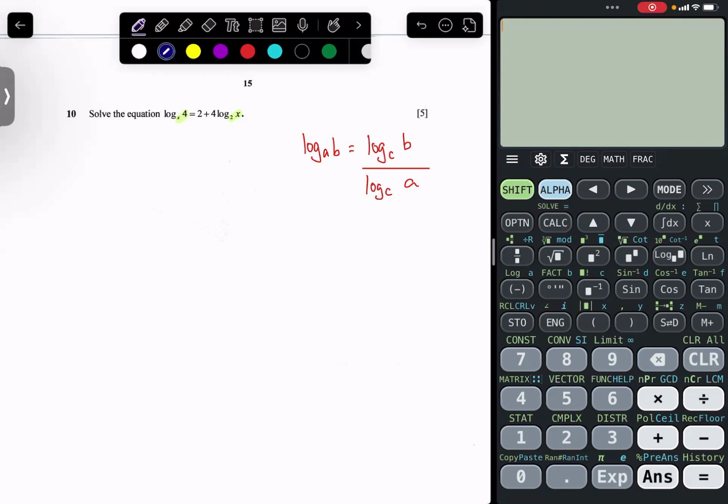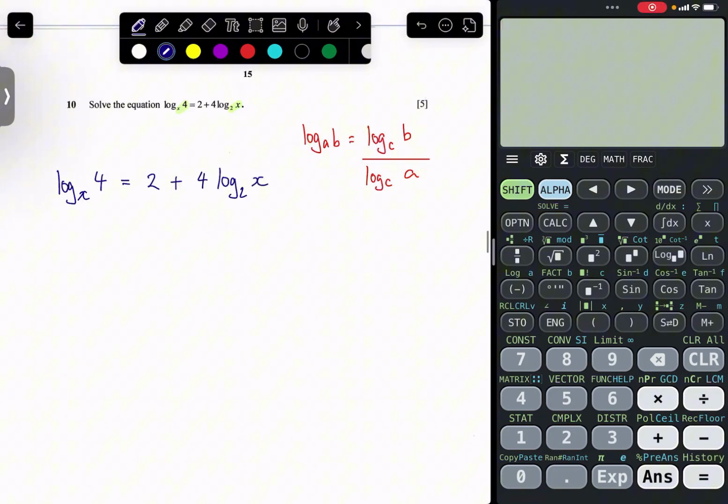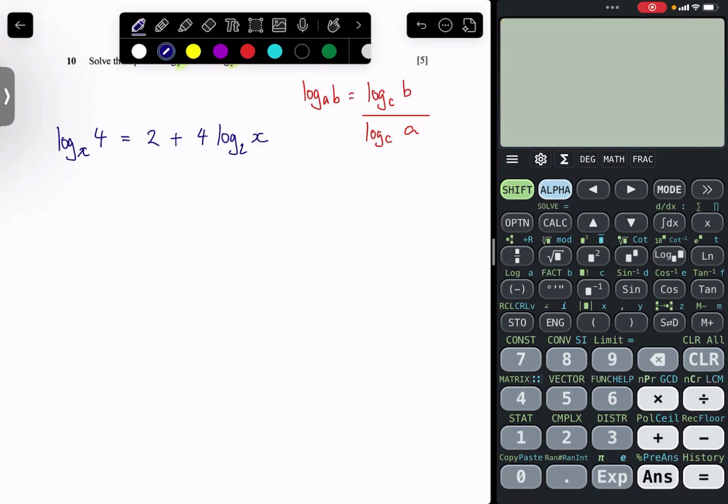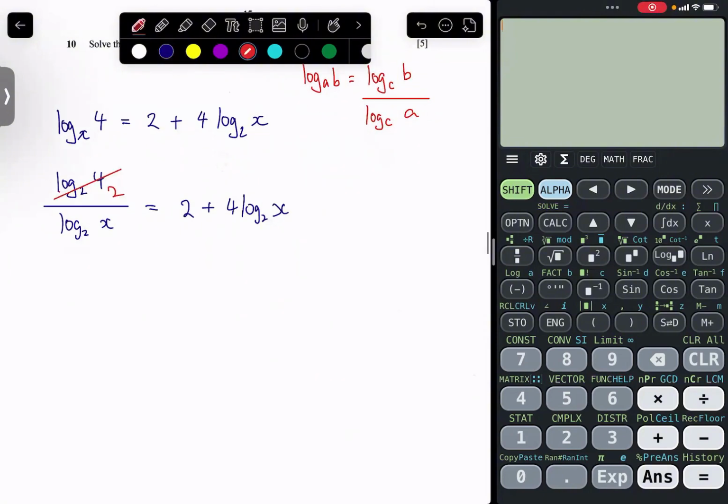Over here, log base x of 4 equals 2 plus 4 log base 2 of x. I will always want my base to be a number, so I'm going to change base on the left hand side. So I have log base 2 of 4 over log base 2 of x equals 2 plus 4 log base 2 of x. You notice that log base 2 of 4, this whole thing, is actually 2. So let log base 2 of x be u. So 2 over u equals 2 plus 4u.